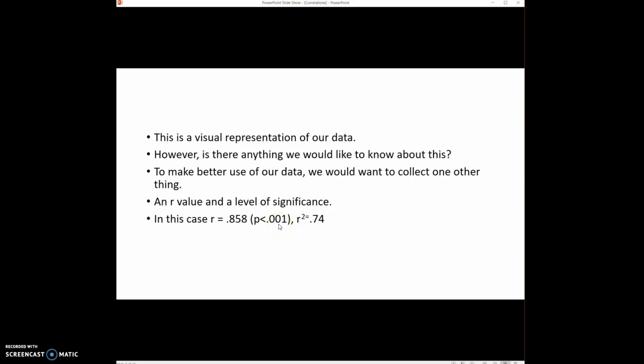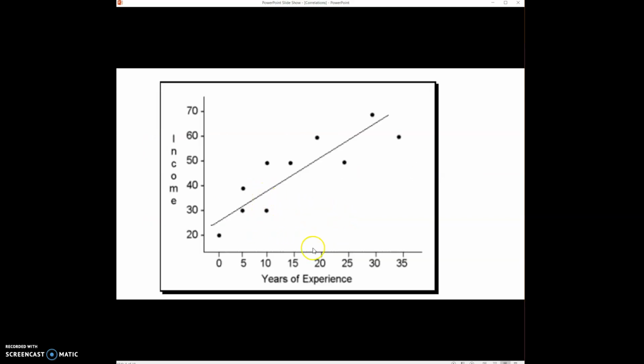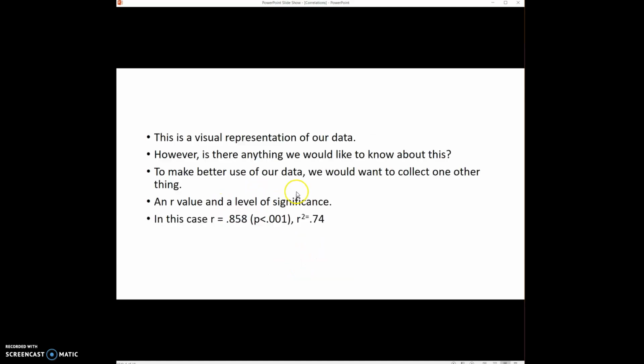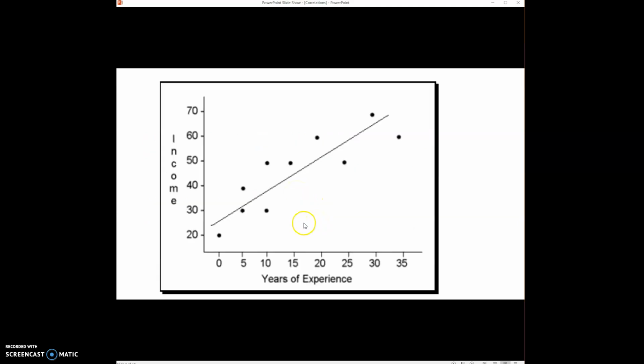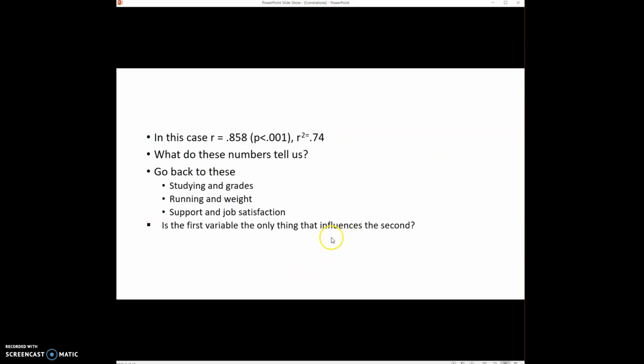That means we don't have much confidence in it. This number is something called explained variance. So for the relationship between years of experience and income, 74% of that relationship, in terms of how much income somebody makes, can be defined by the years of experience, but some of it can't.